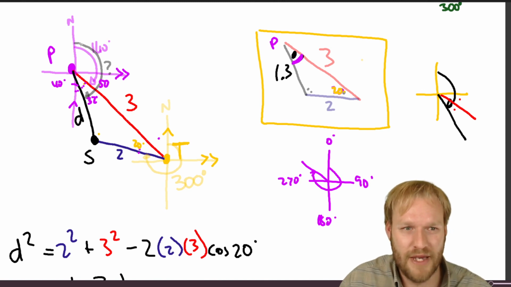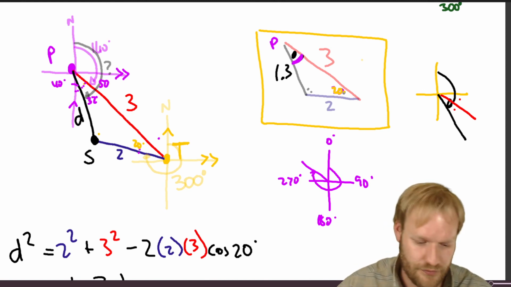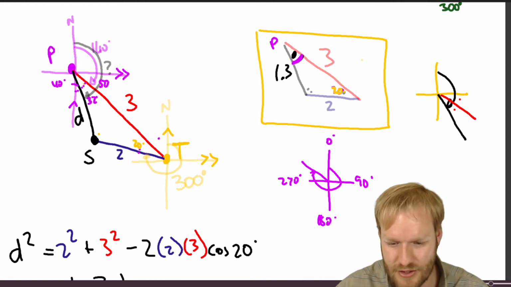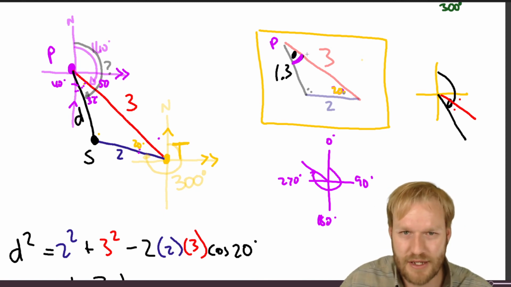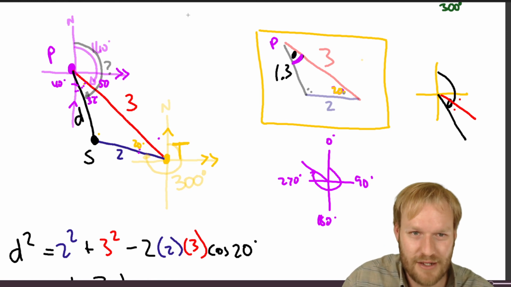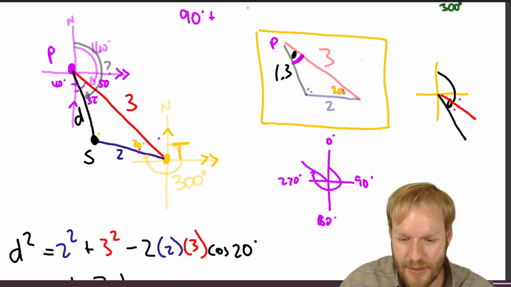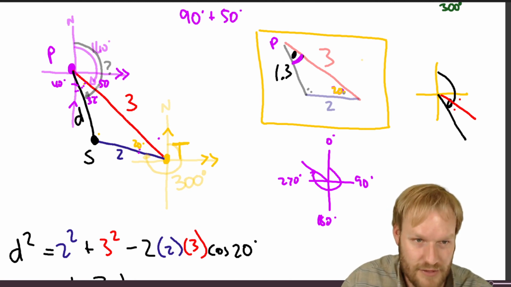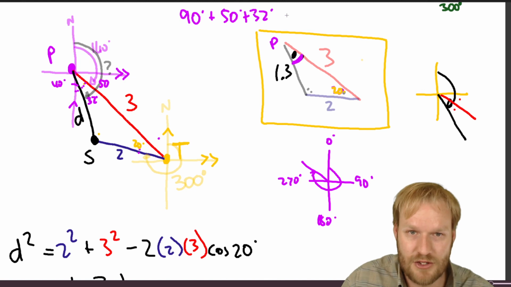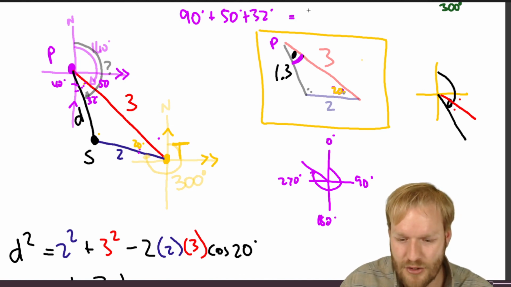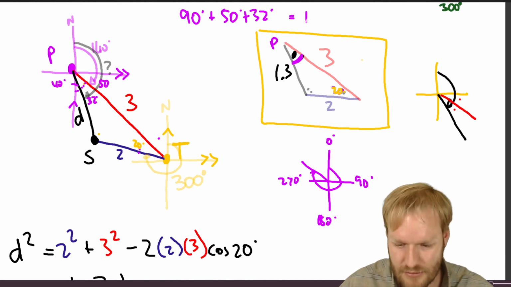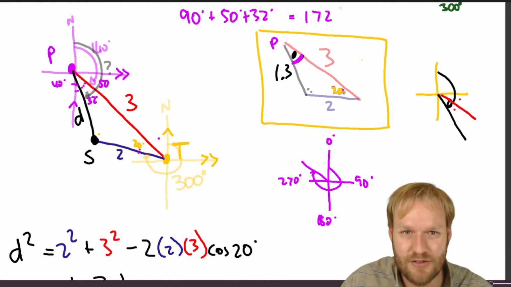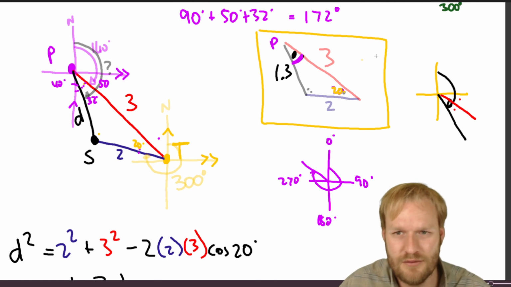Therefore our bearing from the top is, well, we can add all those things together. So our bearing is 90 degrees, that's that 90, plus we need to add the 50 degrees, because that's that 50, and then plus the 32 degrees, and we get 172 degrees.